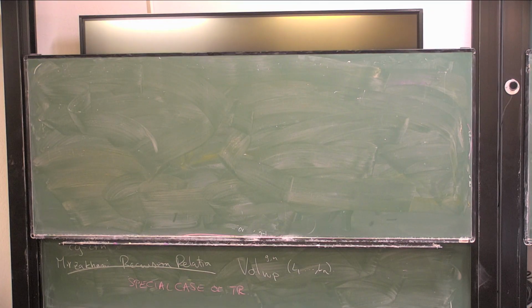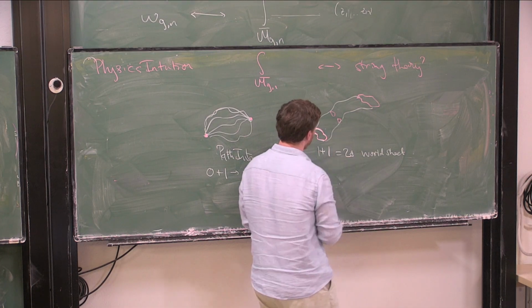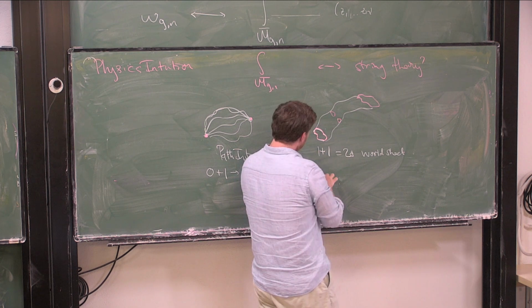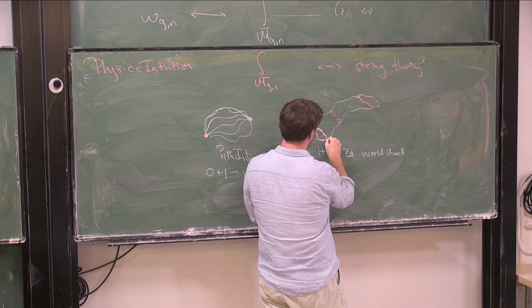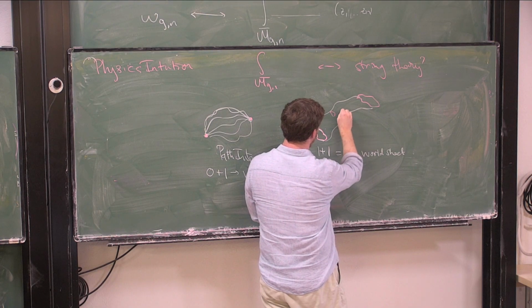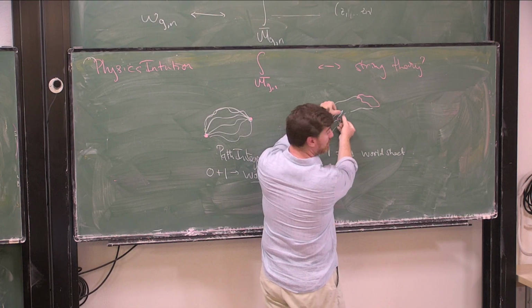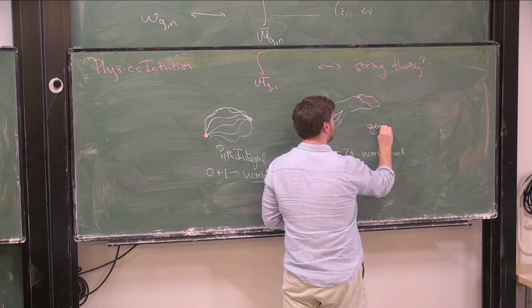And what these strings can do is they can kind of split and join. So at some point, for example, the string might do something like this. Okay? And in that case, the world sheet will end up looking like this: the string comes, it splits, and then maybe they recombine. So you can get a Riemann surface of some genus G.